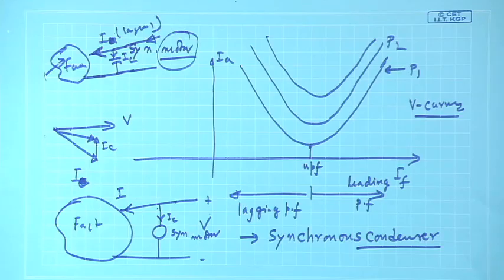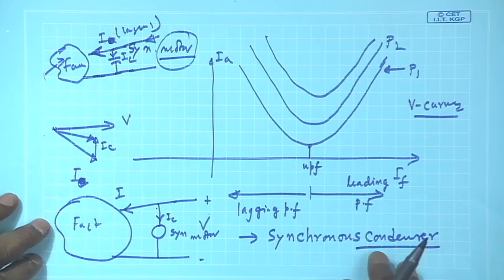If in your factory you need a synchronous motor also, then use that synchronous motor to improve the power factor as well, so that it will supply both mechanical load as well as improve the power factor of the machine.